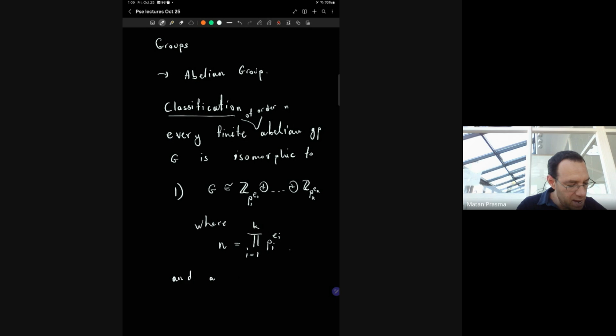The second isomorphism is written like this.